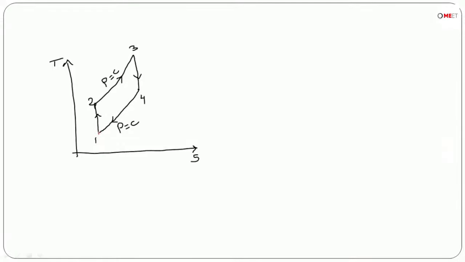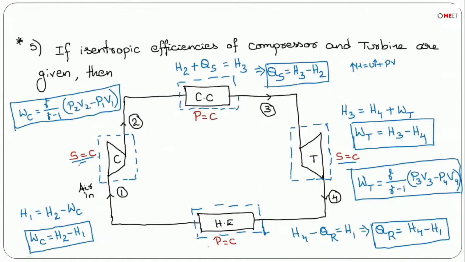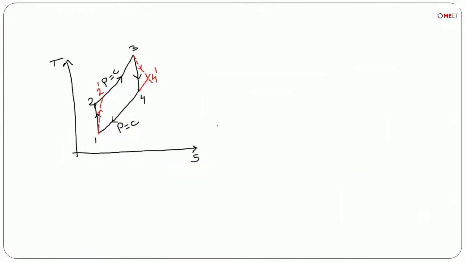That means there will be an increase in entropy during compression, as well as there will be an increase in entropy during expansion from 3 to 4 dash like this. So that means if isentropic efficiencies are given, we need to understand that the process that is happening during compression as well as expansion will no more be isentropic. Instead, it becomes adiabatic. So process 1 to 2 is representing isentropic compression, which is a reversible process.